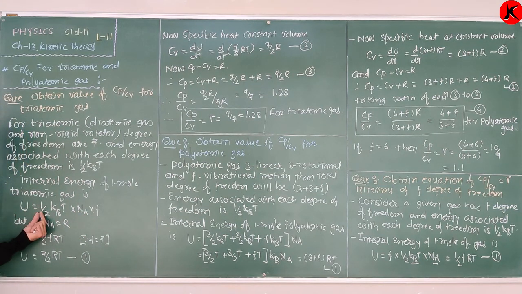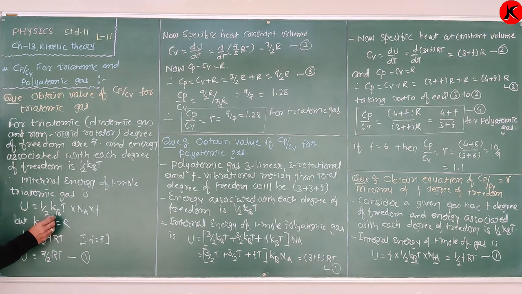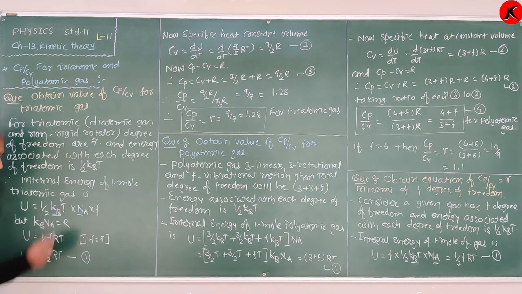Therefore, U is equal to half kBT into Na into F. But we know that kB into Na is the universal gas constant R. Therefore, we substitute R instead of kB into Na, giving half FRT. That is the internal energy of 1 mole of gas.